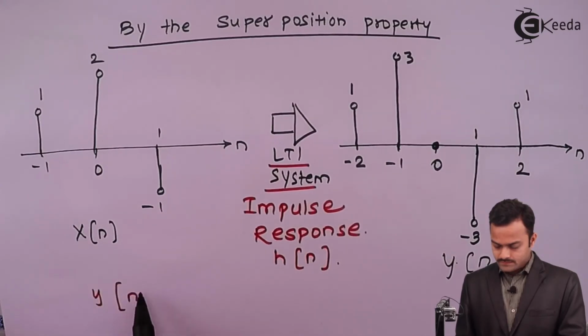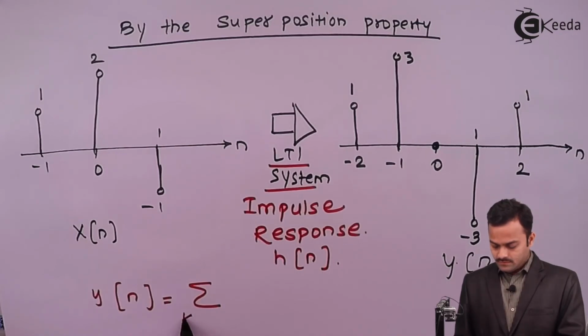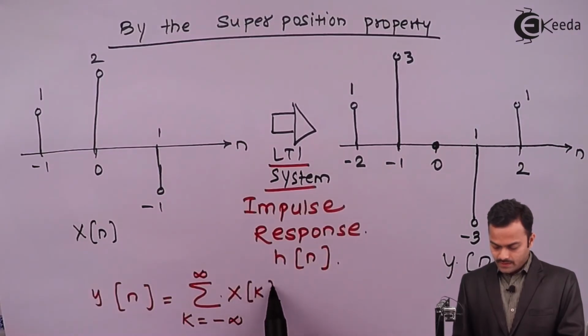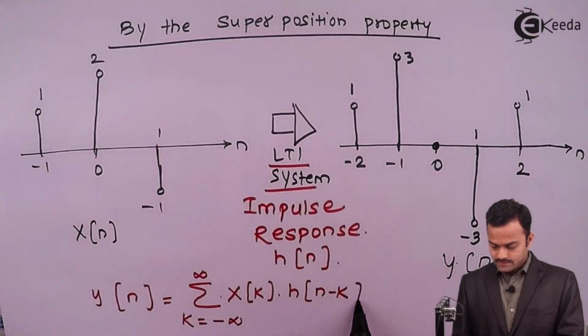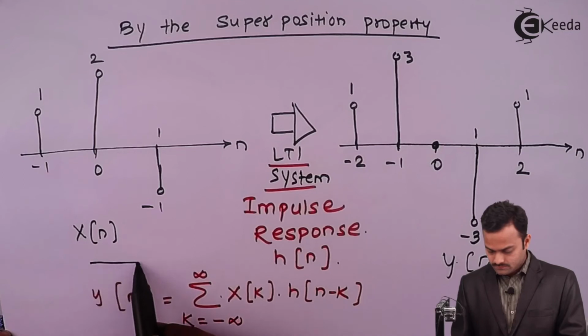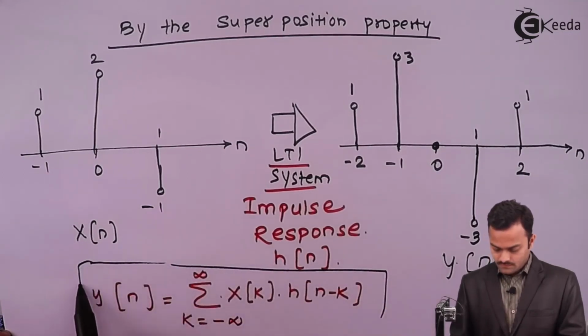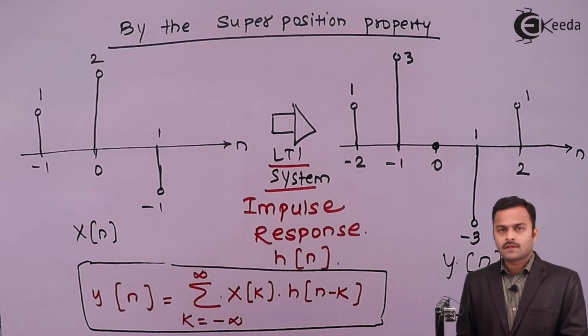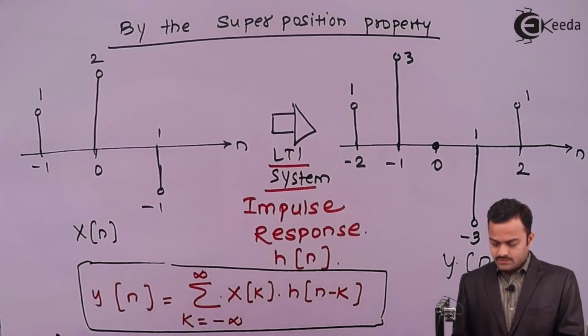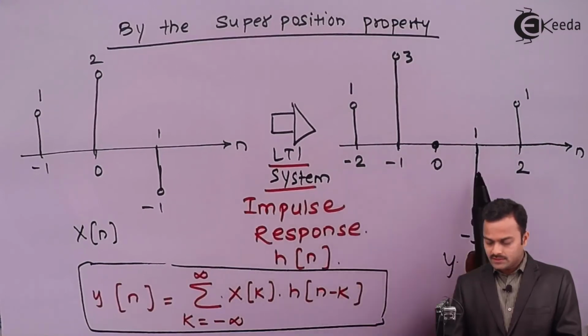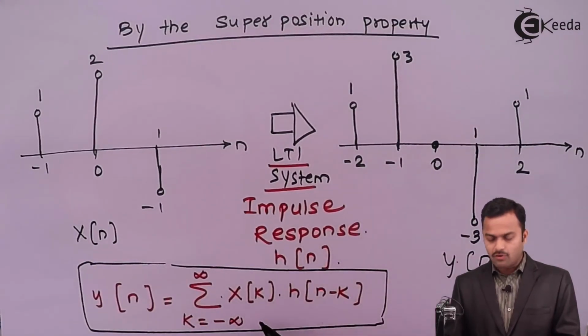To get y of n, I have done a summation from minus infinity to infinity, and over here I have the sequence x of k multiplied with h of n minus k. We can expand this and verify whether this is compatible with the formula or not.